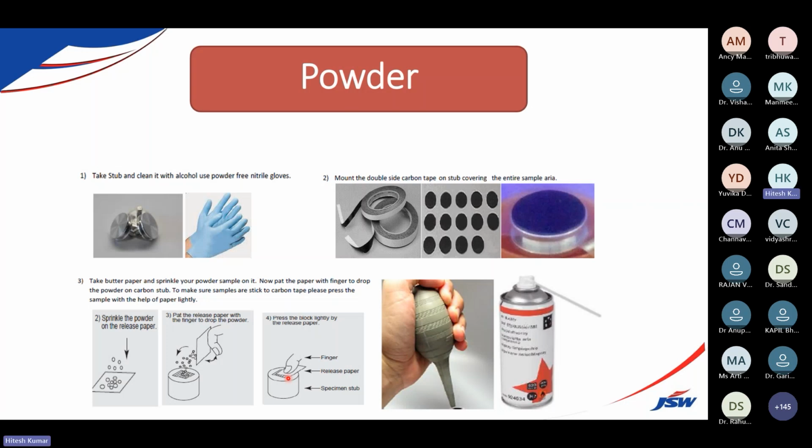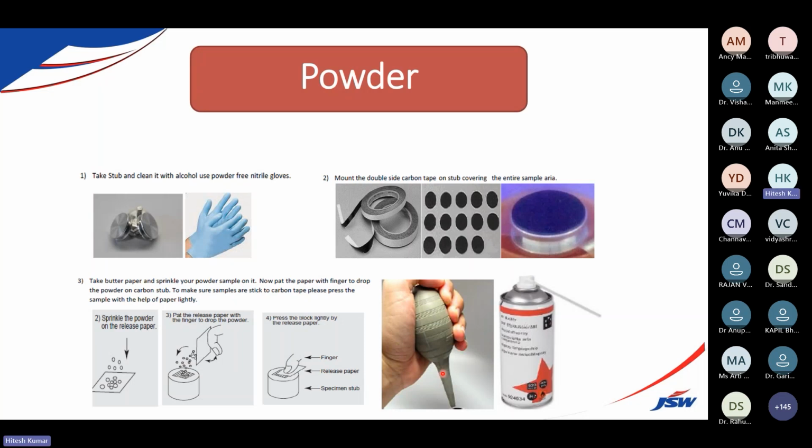Because when you are putting powder samples, try to put them in low vacuum or ESEM. If you don't have that option and you want to put it in high vacuum, then try to use a hand blower kind of thing, so that whatever loose powder particles you have can be easily removed. The particles which are attached to your copper tape or carbon tape, only those will be used for seeing the microstructure.